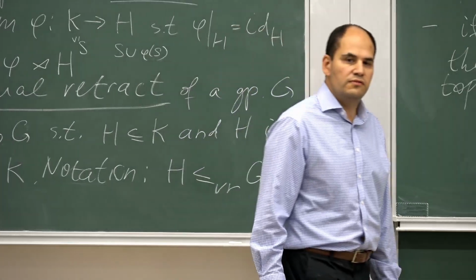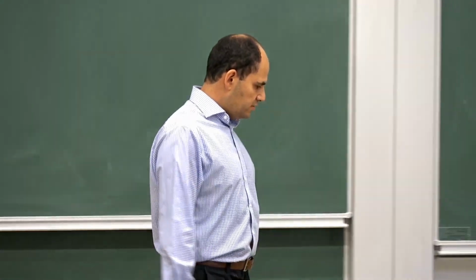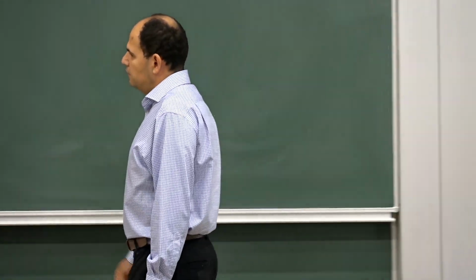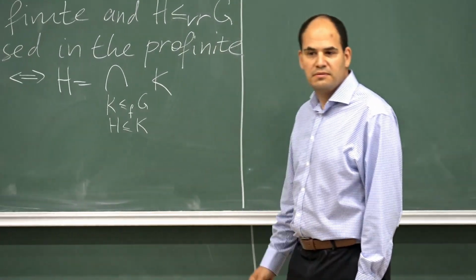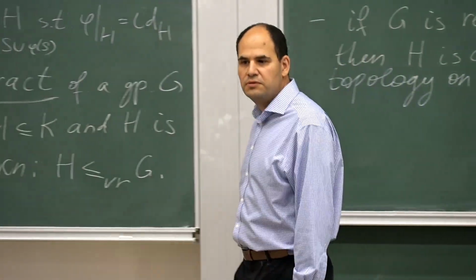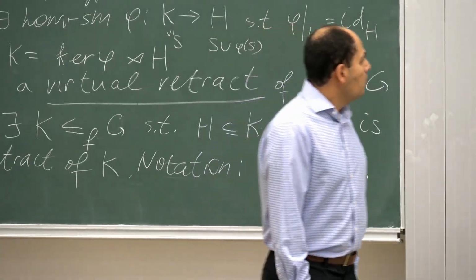And this is again a very useful property. In fact, in the previous workshop about profinite rigidity, this was an important statement. You use it all the time. If you know something is a virtual retract, it does give you very strong control over profinite embedding.